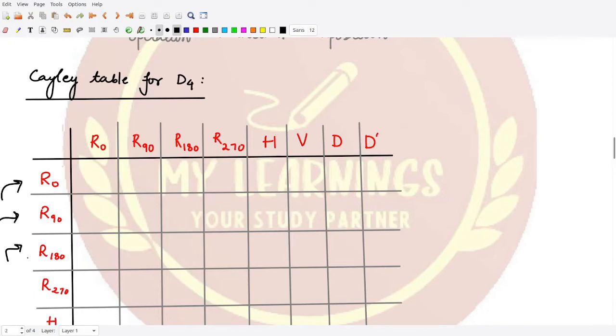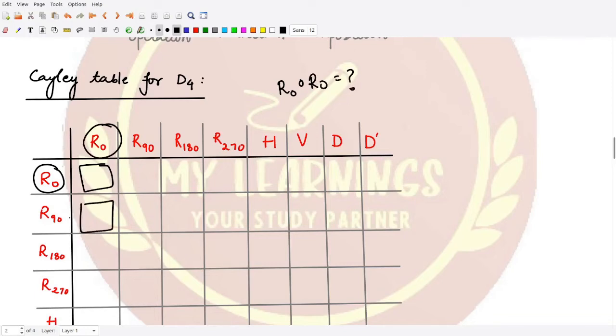Now for this entry here, you will compose the first element taken from here, R0, with the second element taken from here, R0, and you will find out the answer. Similarly, for the second entry here, you will take the first element here, R90, and then compose it with the second element here, because this corresponds to this column and this row, right? So you will find out the answer.